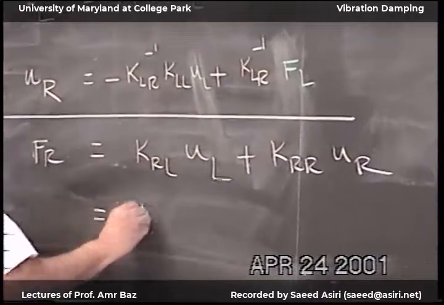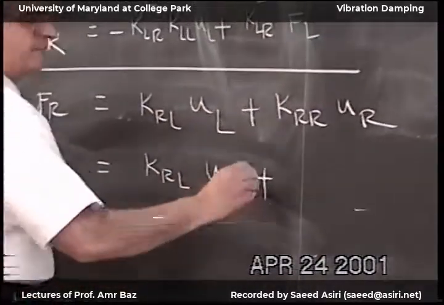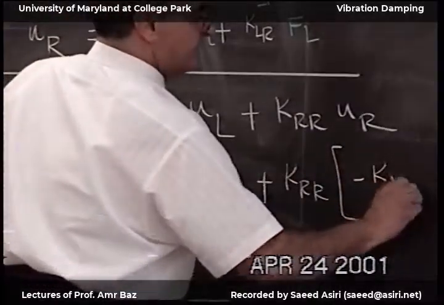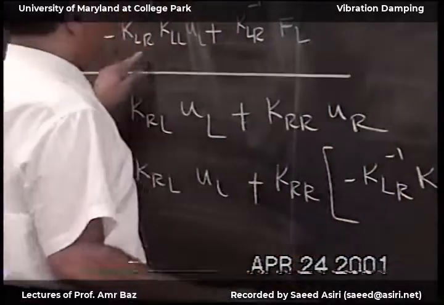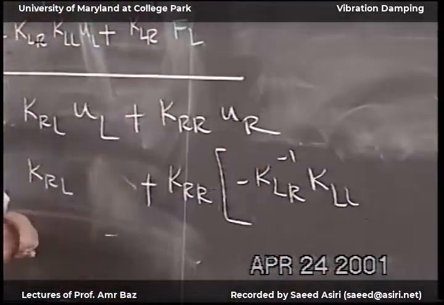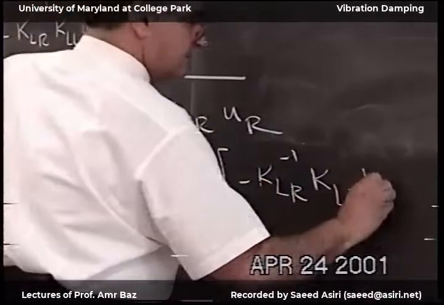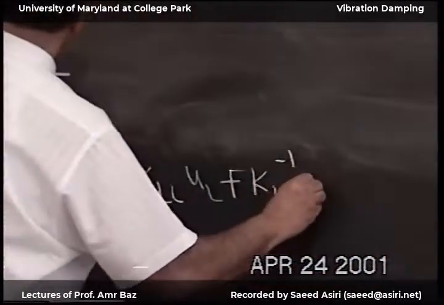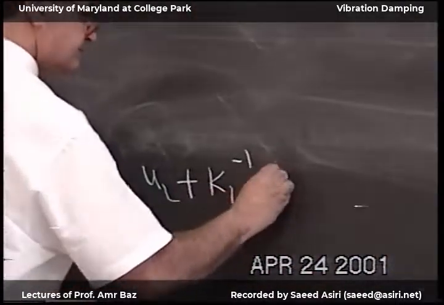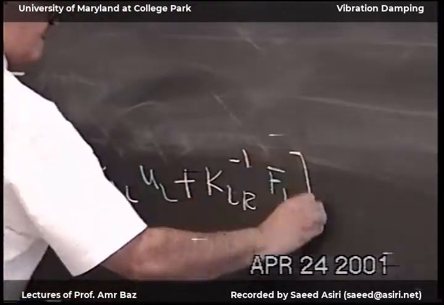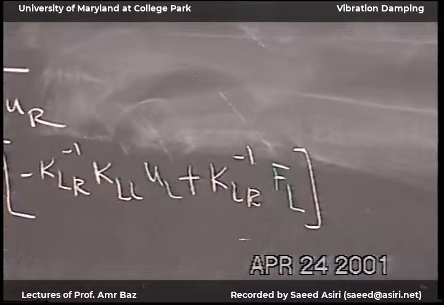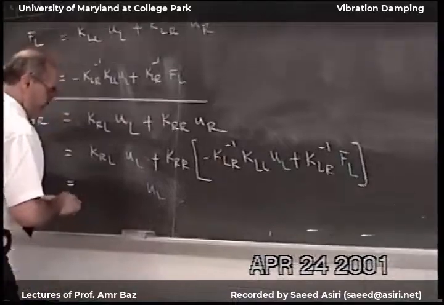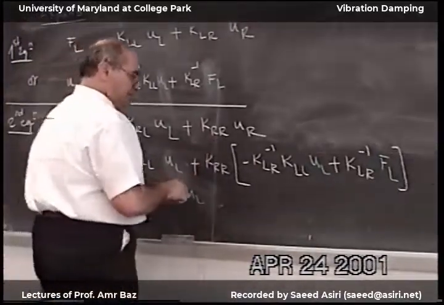So this will equal to KRL plus, minus KRR KLR inverse KLL, UL, plus KRR KLR inverse and FL. And I'll group the UL terms, and I'll group the FL terms.